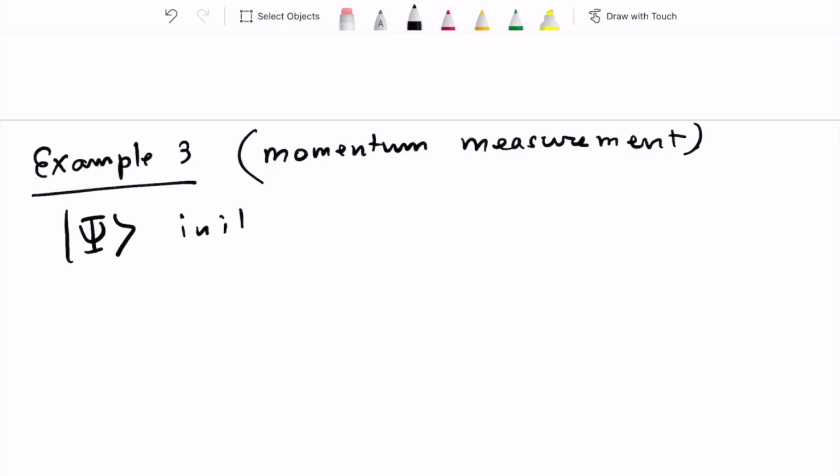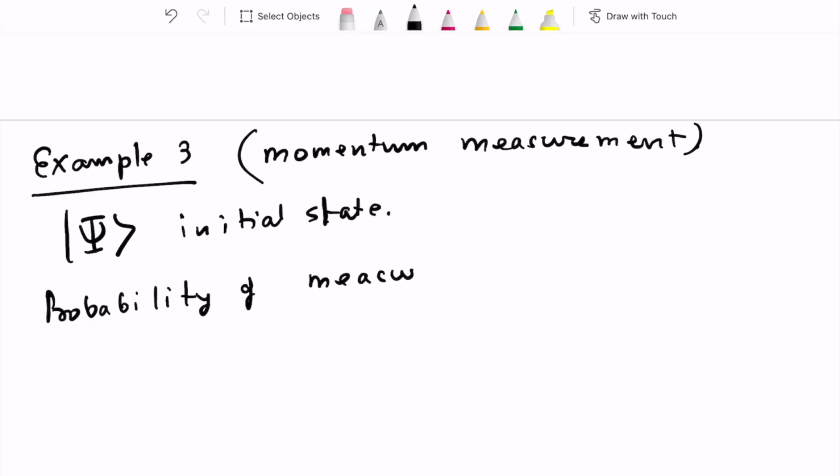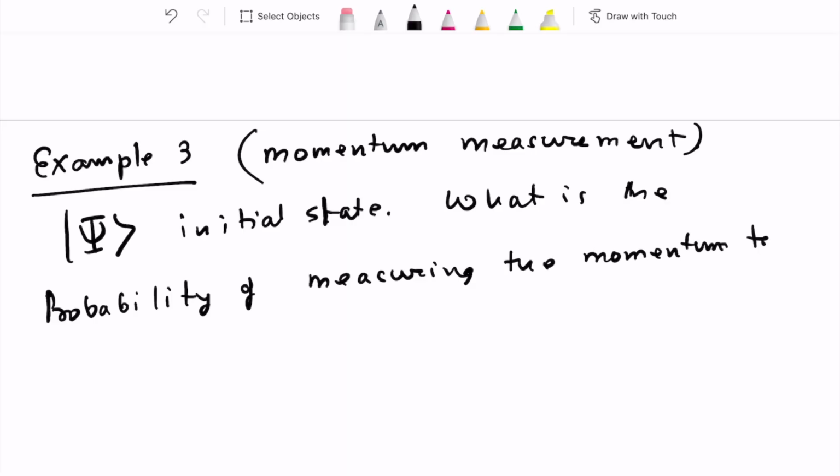This is the initial state. What is the probability of measuring the momentum to be between the value of p and p plus dp.